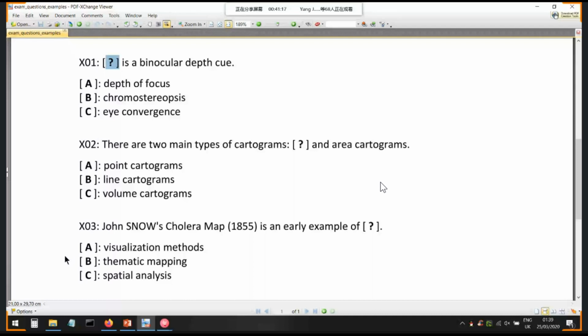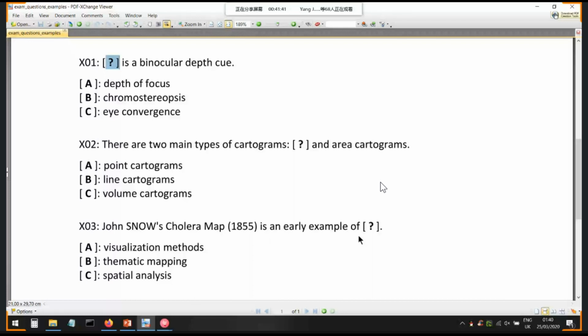Sometimes students are confused with such questions because Snow's cholera map is also an example for a visualization method. It's also an example for thematic mapping. But the question is, which of these is appropriate if it's an early example?